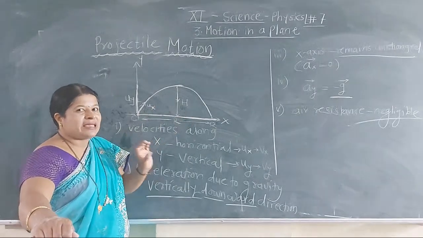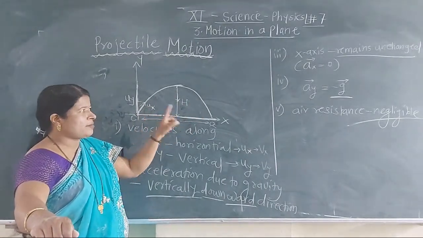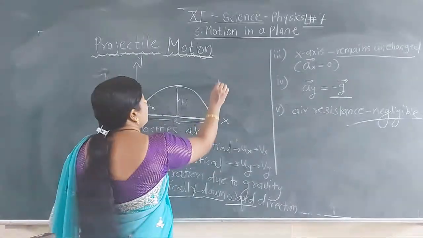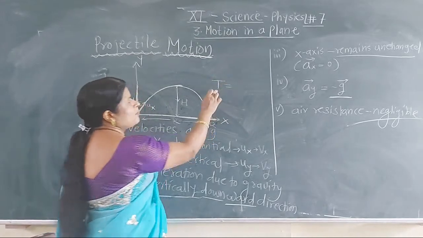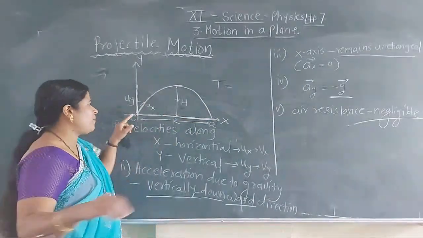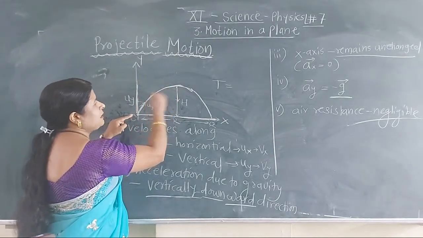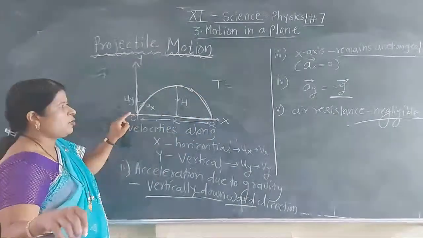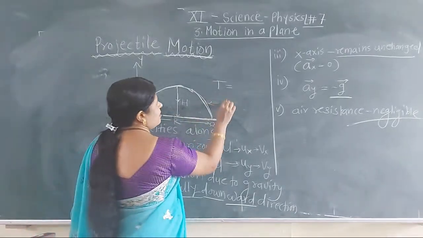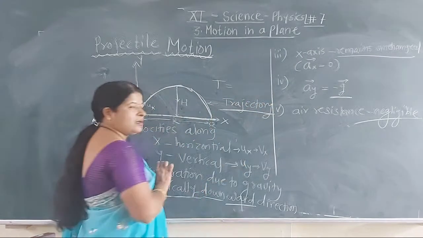And the total time required for the projectile to complete the path is called the time of flight of a projectile, and time of flight we take as capital T. The total path covered by the projectile we call the trajectory, the path of a trajectory of a projectile.